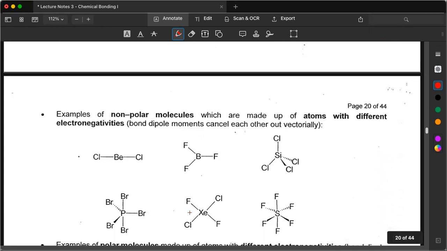Examples of non-polar molecules which are made up of atoms with different electronegativity. So these are examples of molecules with polar covalent bonds, but because their bond dipole moments cancel off each other, the net dipole moment is 0, so they are non-polar, like this one. So this is an example here, right? So this is negative, positive.